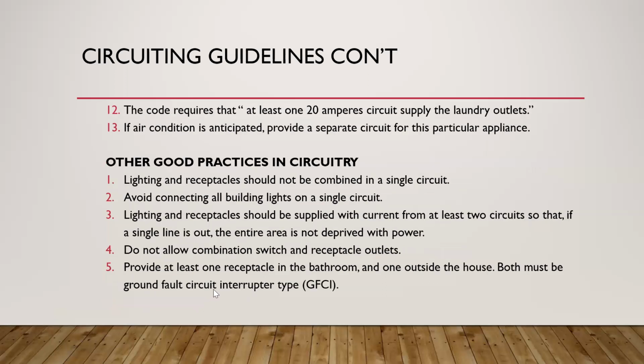Okay, number 12, for the circuiting guidelines, the code requires that at least one 20 ampere circuit supply the laundry outlets. So minsan nakakalimutan ito, siya na dapat mag-supply pa, meron pa ring anticipated supply or parang power line or convenience or yung parang saksakan natin doon sa ating laundry area para anticipated doon sa ating washing machine.